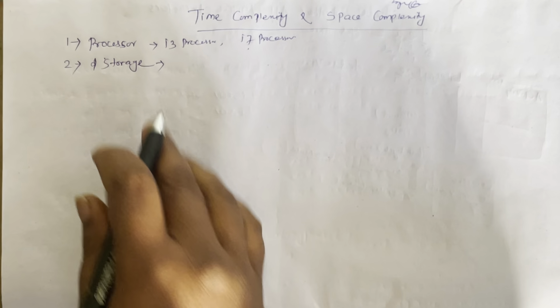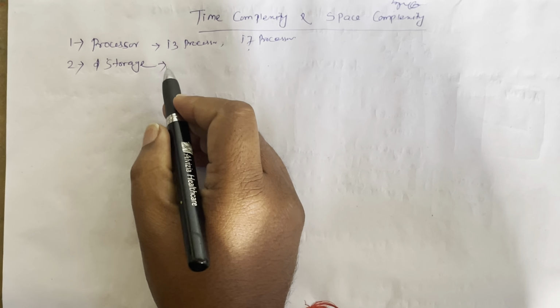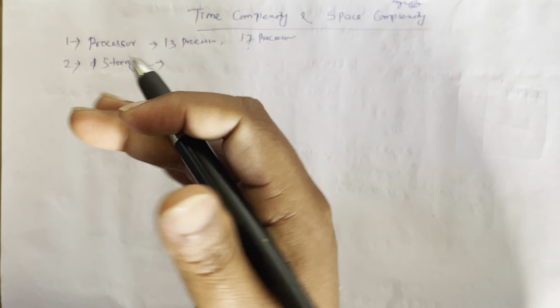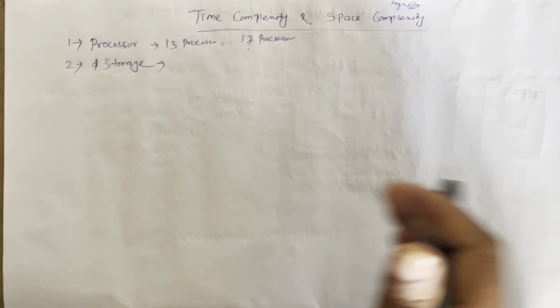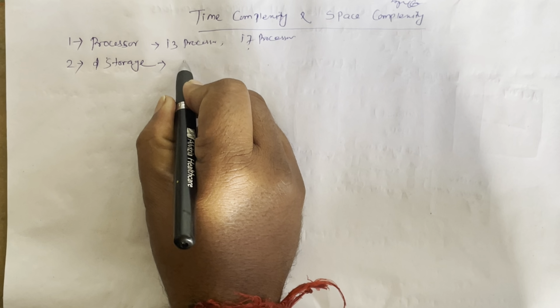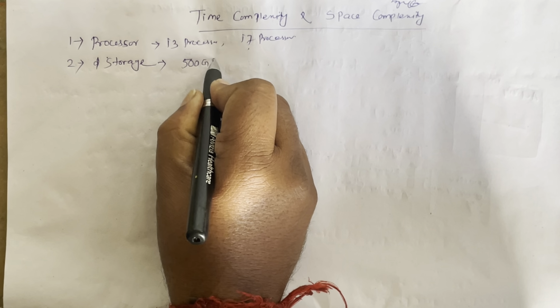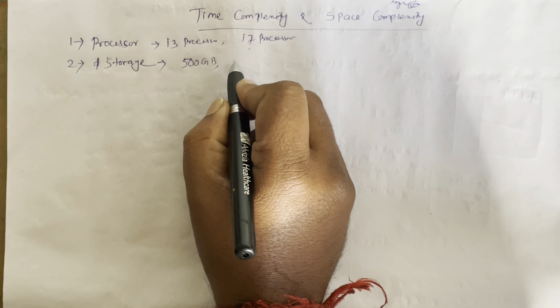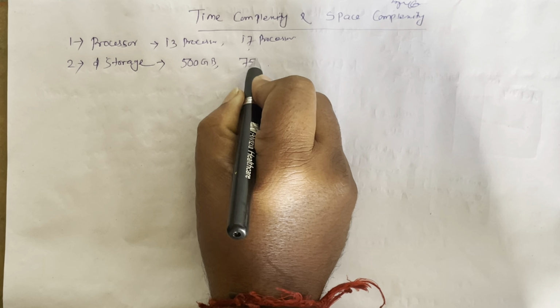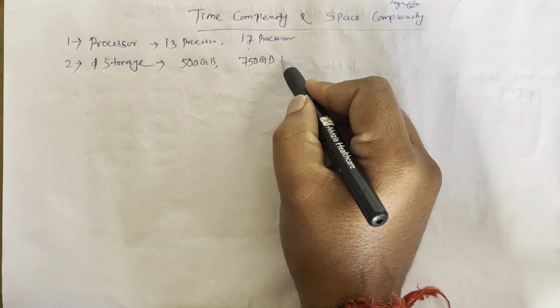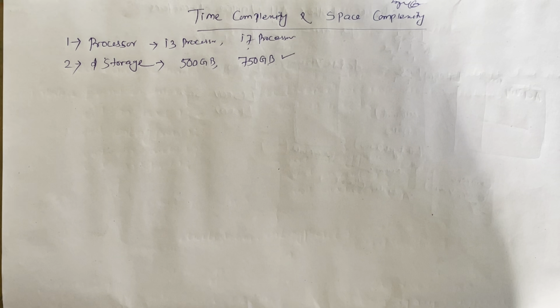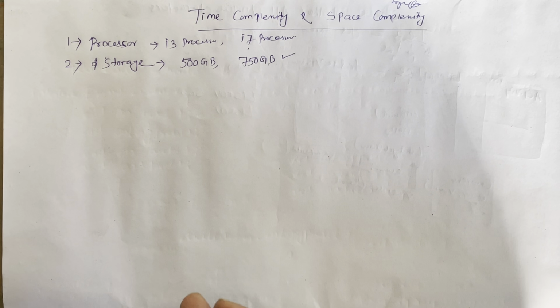Similarly, let's say the processor is the same, but one laptop has 500 GB of storage and another has 750 GB of storage, then the price is also more for the laptop which has more storage. Then why does the price increase for the i3 and i7 processor, or for the storage?